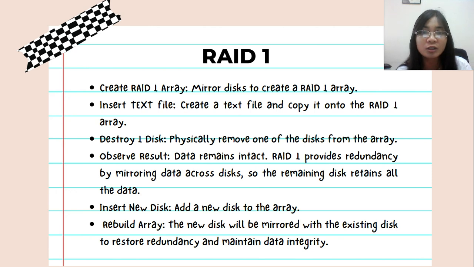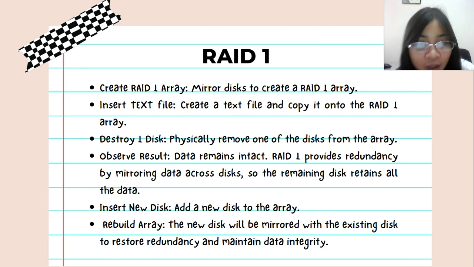So the result is data remains intact. RAID 1 provides redundancy by mirroring data across disks. So the remaining disk retains all the data. So, ano pa rin no, kahit i-remove natin yung disk, nakikita pa rin siya yung data. Since sa RAID 1, nagme-mirror na siya ng data.